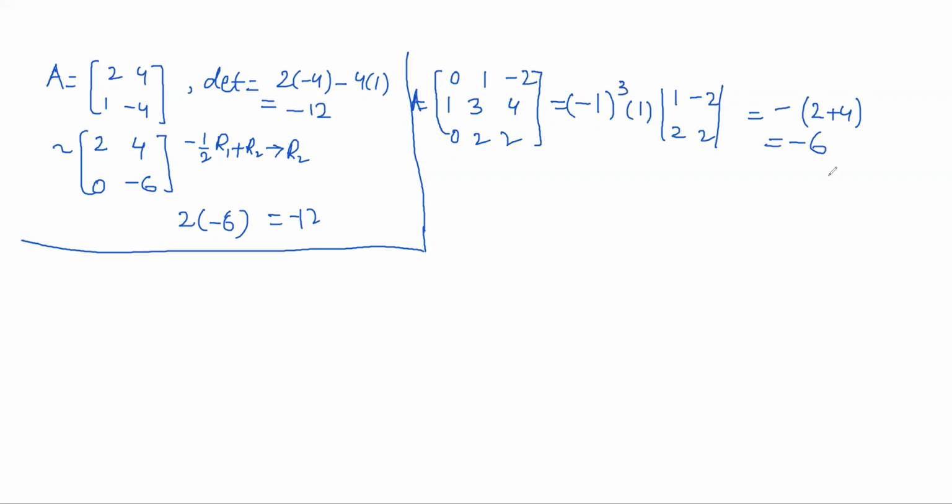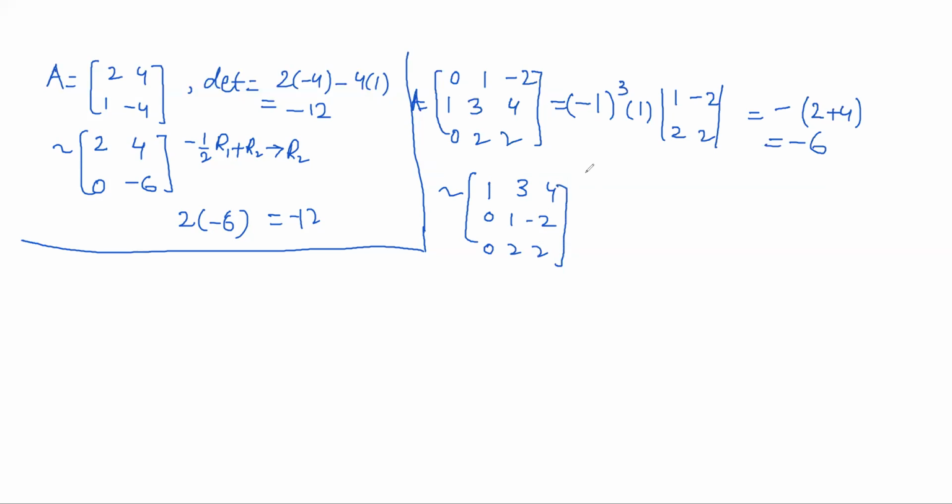However, if we apply the row operation, we can alternatively find its determinant, which will be the same answer. For the row operations, it will be easier if we interchange these two rows to make it into the echelon form. So what we will do is 1, 3, 4, 0, 1, minus 2, and then 0, 2, 2.